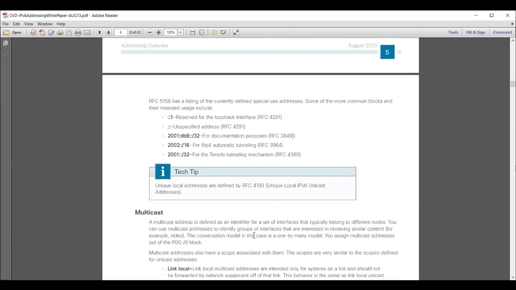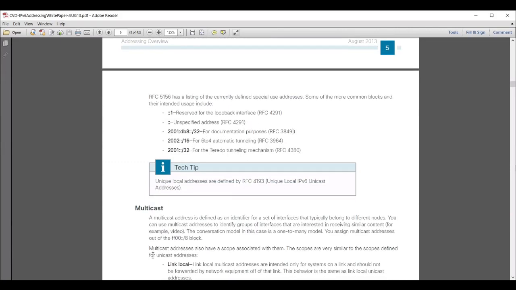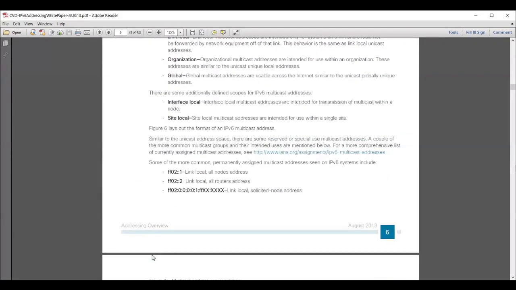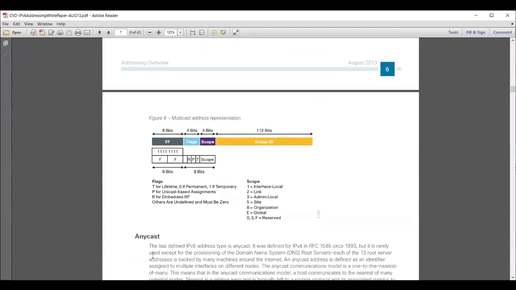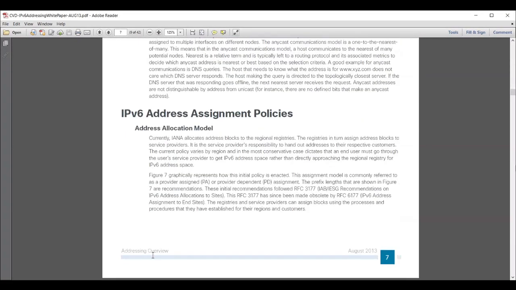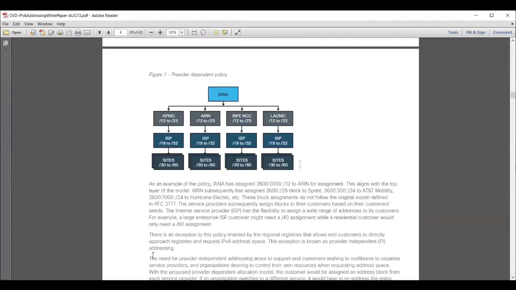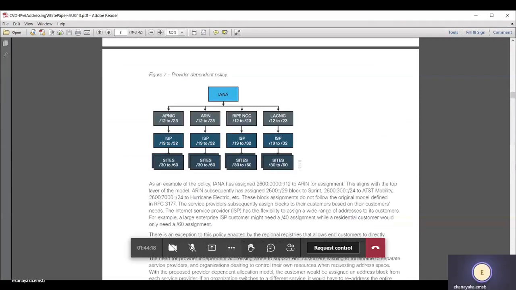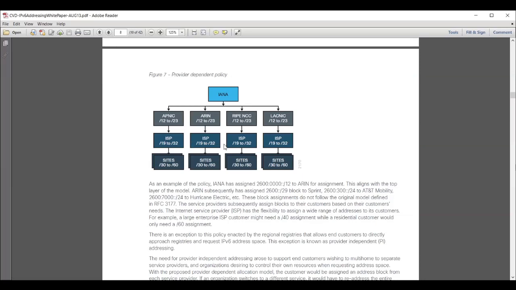These are some of the RFCs which I have shown you, and you can find more information on that. And these are the IANA-assigned regional registries, and different ISPs got different IP blocks from these registries, right?